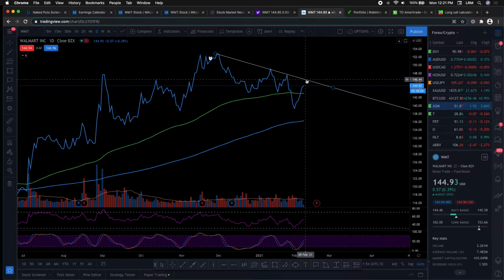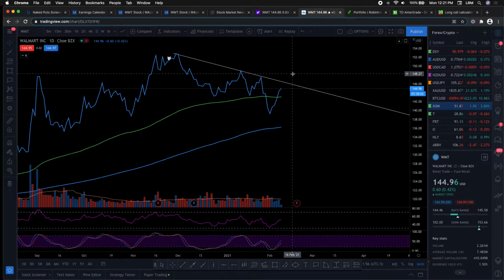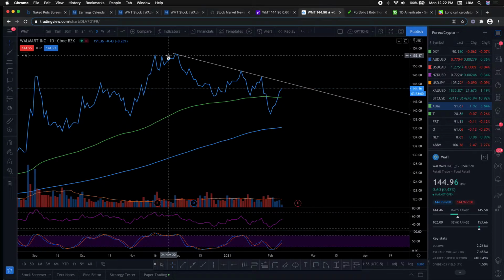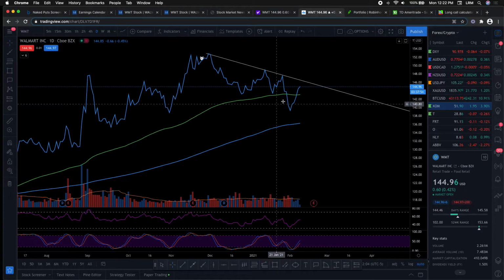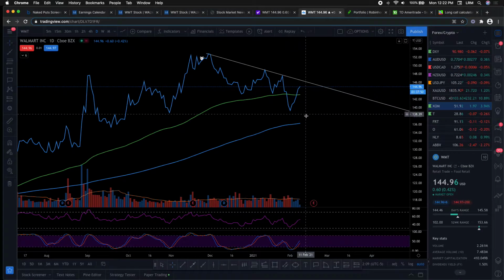If price crosses this trend line, I'm probably going to enter a long position here and have my price target around 152 at the previous high. If it reaches the trend line and it rejects it and goes down, then I'm waiting for the final pullback before I enter.